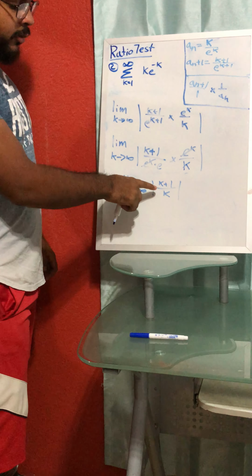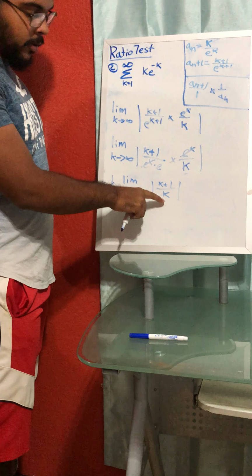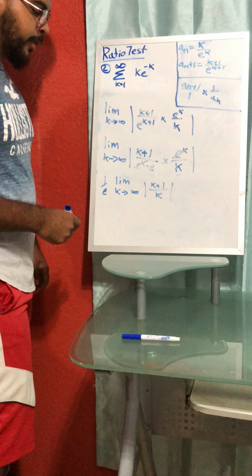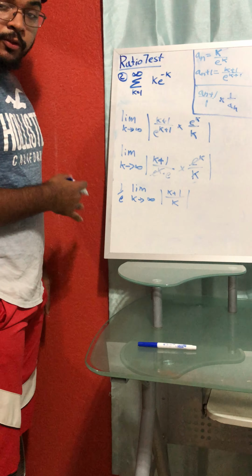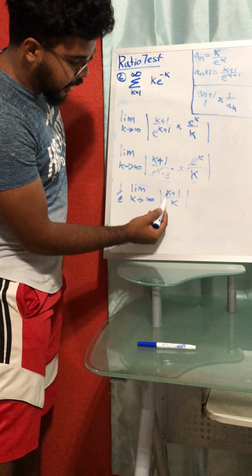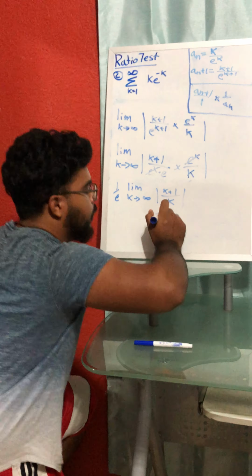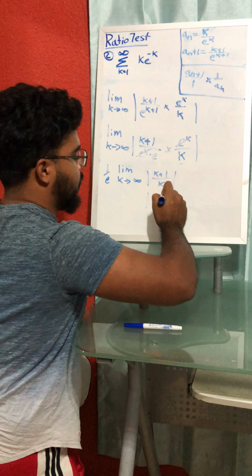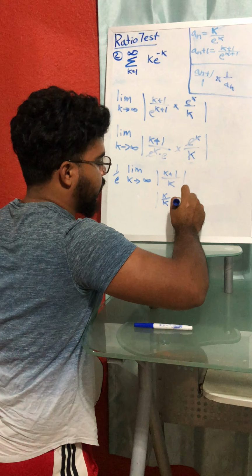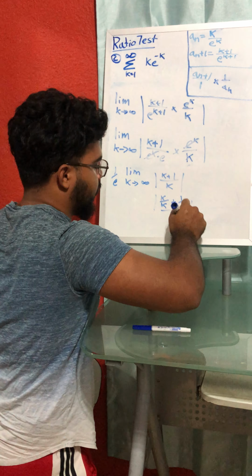If you cannot tell that this will become 1, I will be showing it. An easy way that I figure out how to see it is that I will be dividing each thing in here by k. So that would be k divided by k, plus 1 divided by k, and k divided by k.